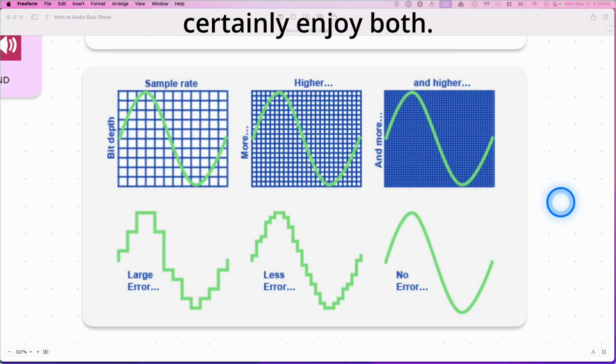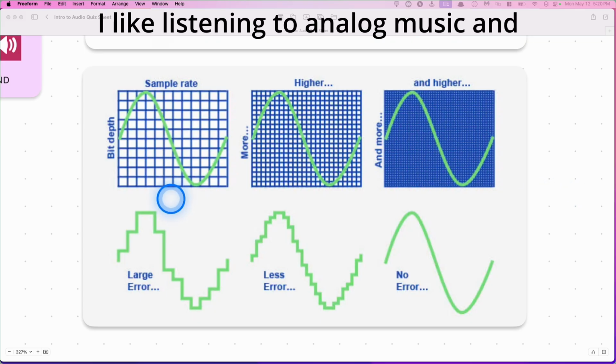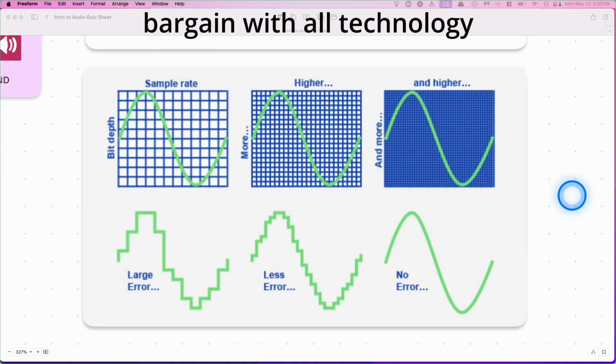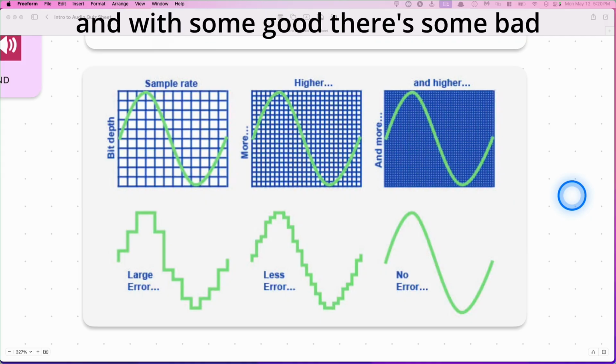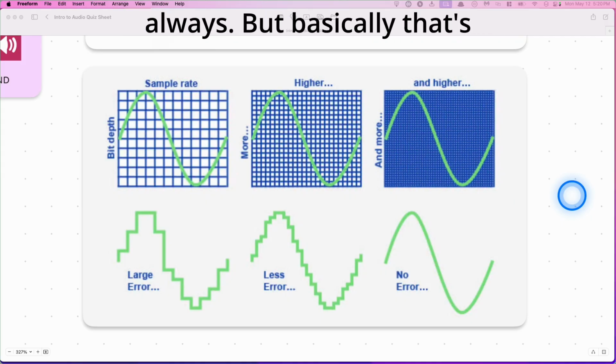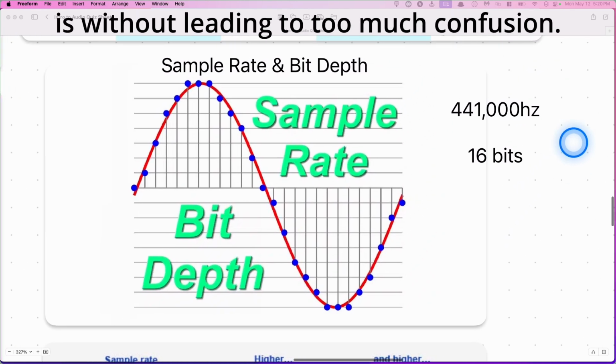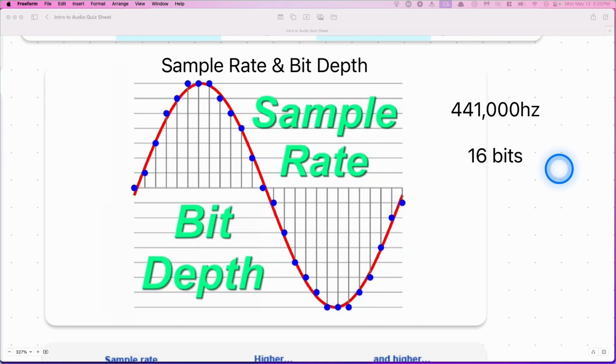I certainly enjoy both. I like listening to analog music and digital music. There's a Faustian bargain with all technology, and with some good, there's some bad always. But basically, that's what sample rate and bit depth is without leading to too much confusion.